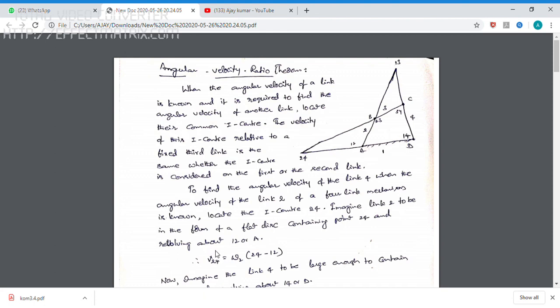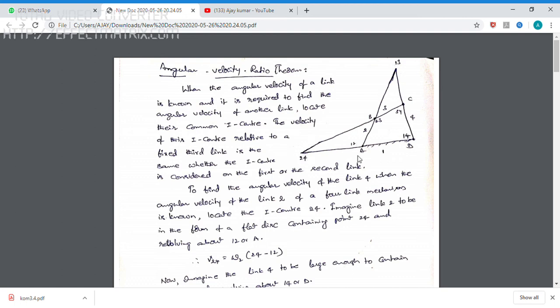As per the relative velocity principle, we know that velocity v is equal to angular velocity into link length. Is it right? So in this particular case, I will take link 2. Link 2 is a somewhat larger disk containing one point, the 24 point.